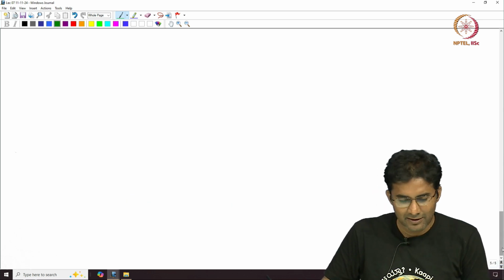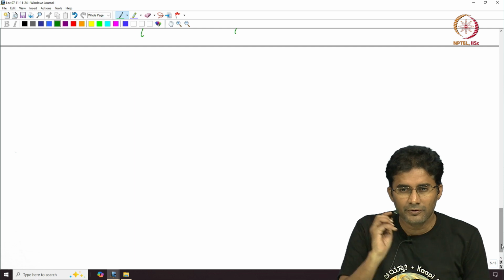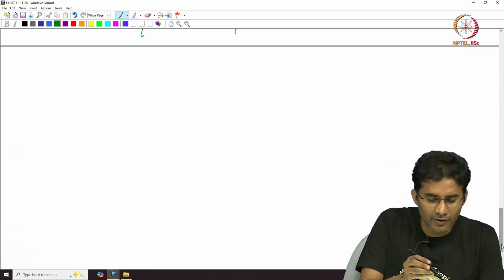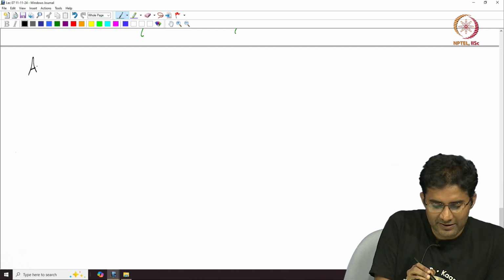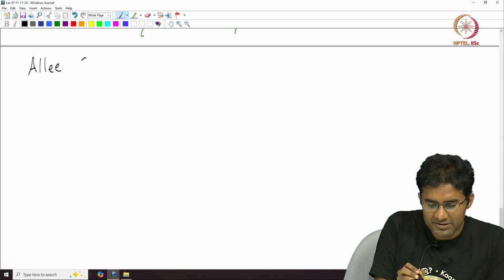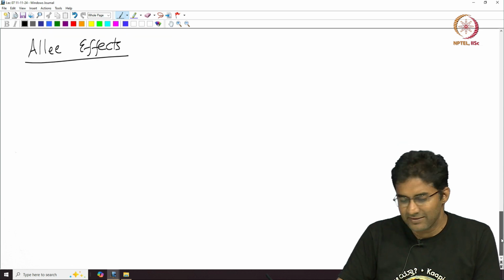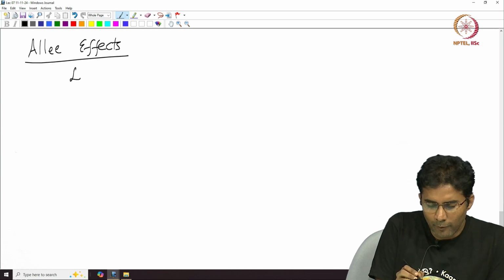Having learned this, let me now introduce a concept which I have not done so far, that of the Allee effect, which I am sure ecologists would be familiar with. The Allee effect is a scenario where low population sizes are not viable.